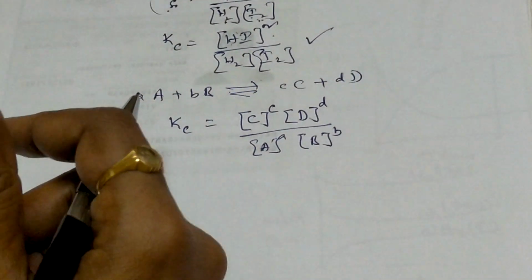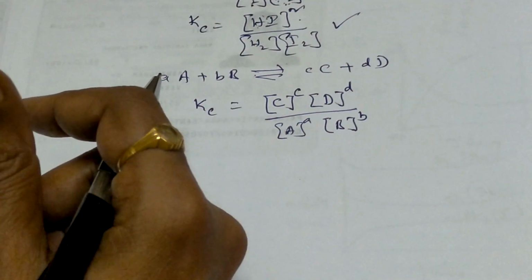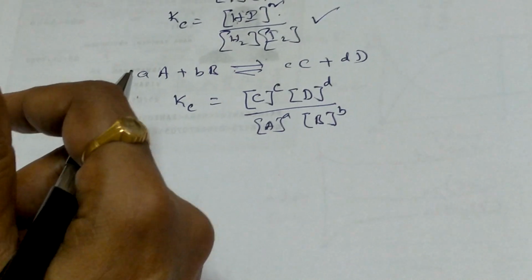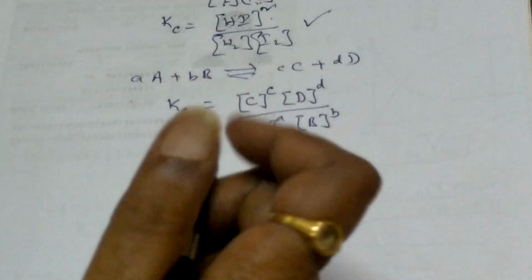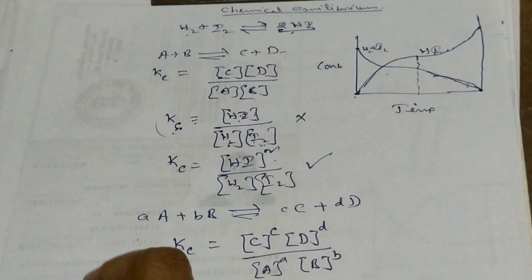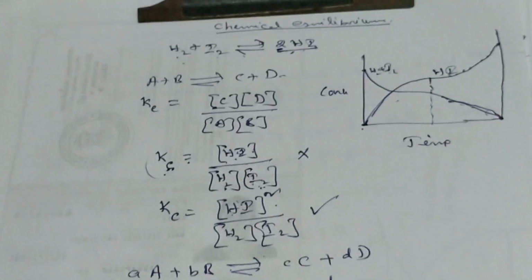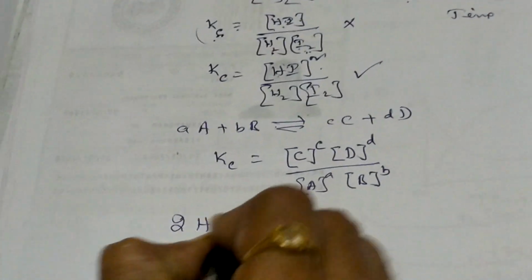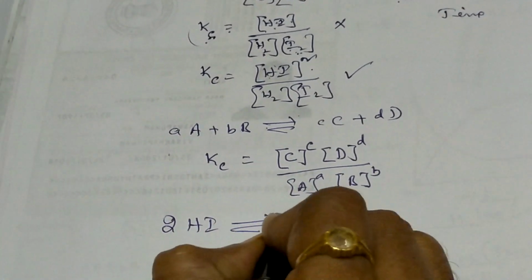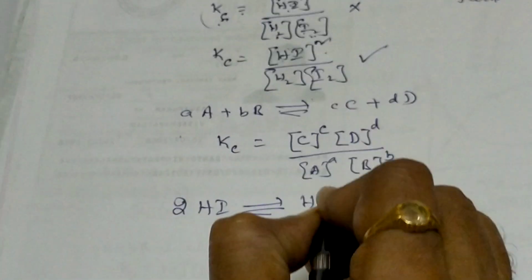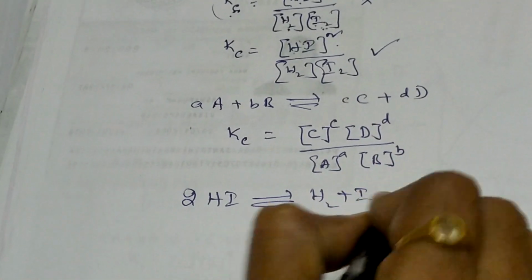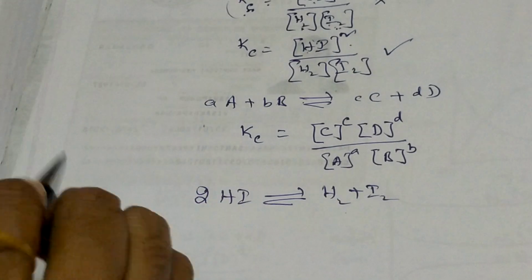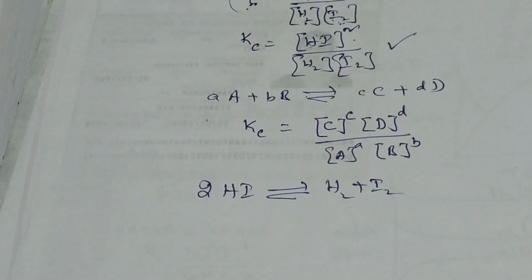Okay, now suppose I am reversing the reaction, what will happen? What I want to say is, H2 plus I2 is equal to 2HI, what we have written. Now if I am writing 2HI gives H2 plus I2, with temperature and everything not changed, will it be the same Kc?